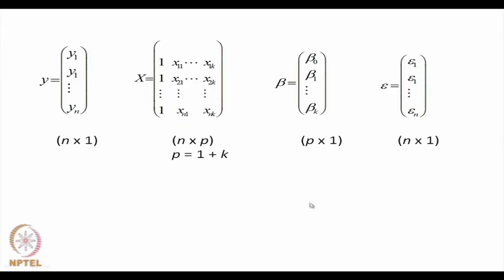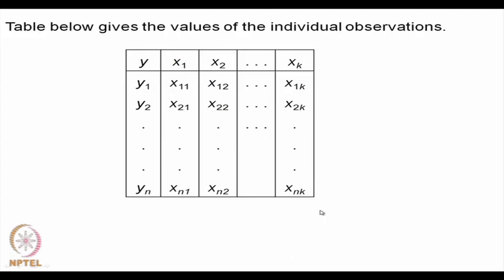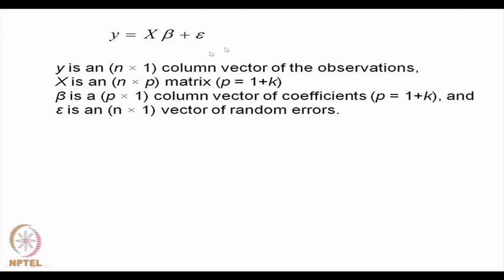And then we have various equations, y 1 equal to beta 0 plus beta 1 x 1 1 plus beta 2 x 1 2 etcetera. Now, this I can put in the matrix form such as this, where this is a vector, this is a matrix, this is another vector, this is another vector with these dimensions.